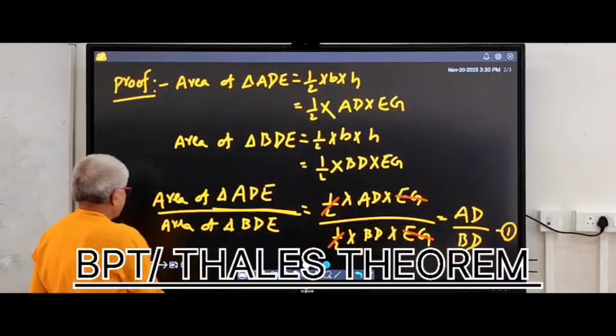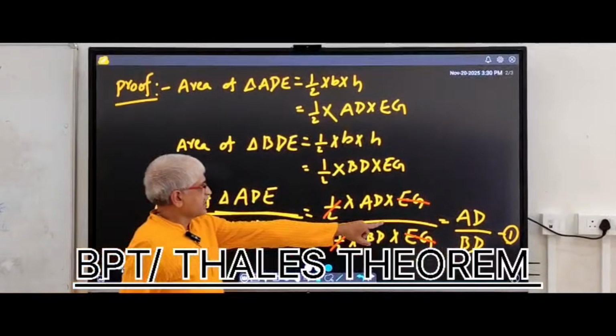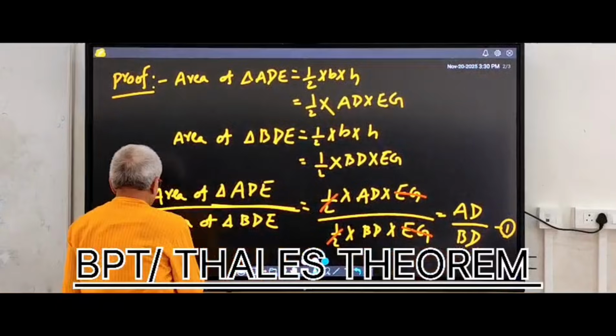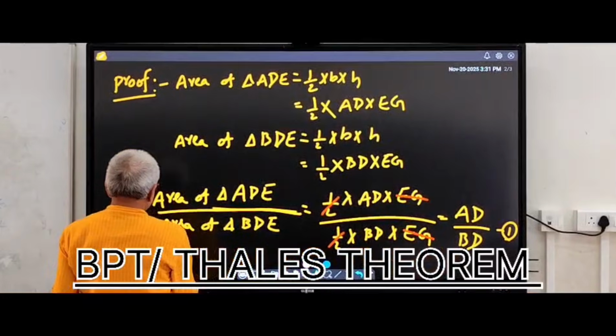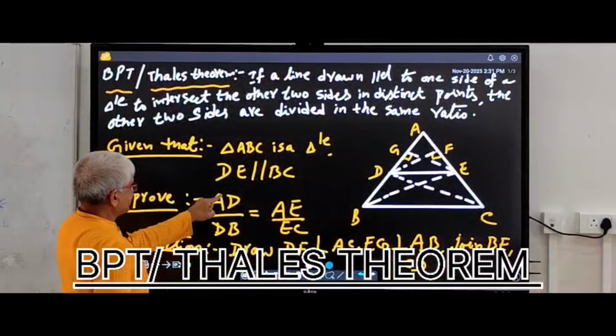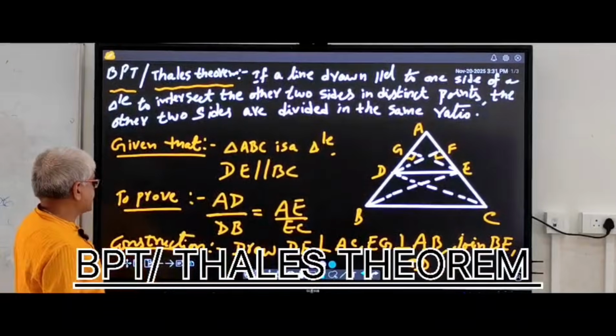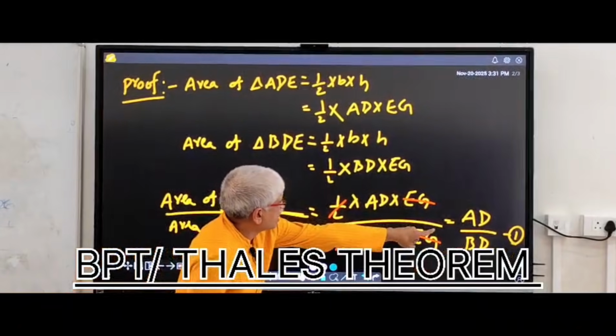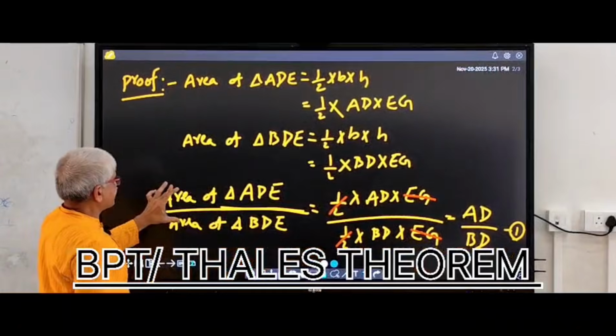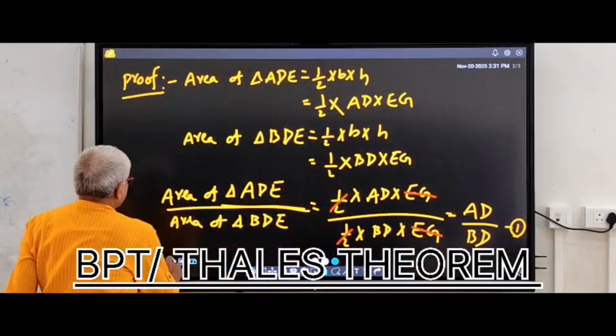So let me come back. In equation 1 I got AD by DB or BD. In equation 2 I got AE by EC. What I have to prove? I have to prove AD by DB is equal to AE by EC. That means AD by DB, the LHS, is area of triangle ADE by area of triangle BDE.